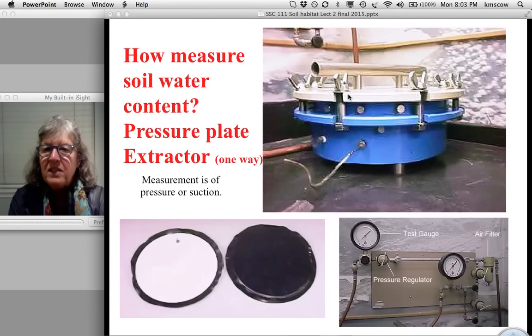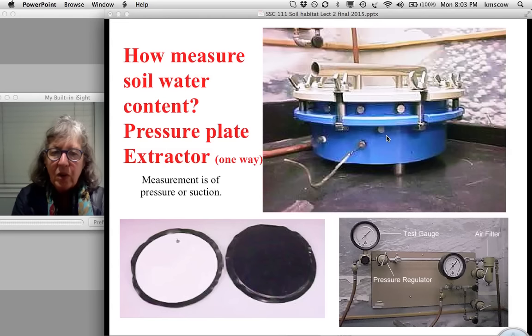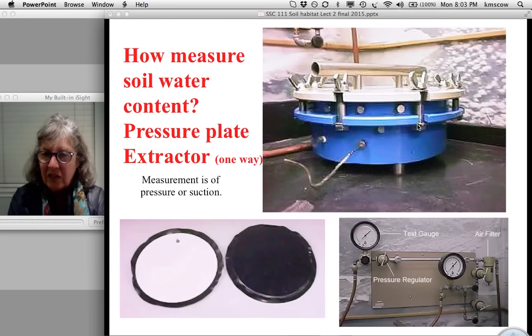Okay, how do we measure this soil water potential? One way is a pressure plate extractor, and this is a measurement of pressure or suction. You may have seen this machine in Soil Science 100. What you do is take small soil cores and put them on top of a porous membrane that you put inside the extractor, and then you apply different pressures to it.